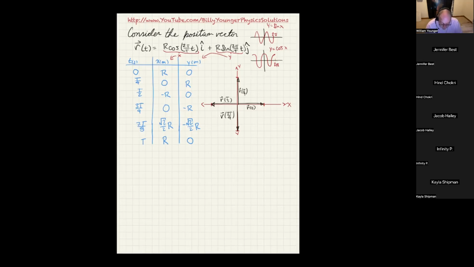And then if you really wanted to try, roughly right here would be r of 7T over 8, like that.